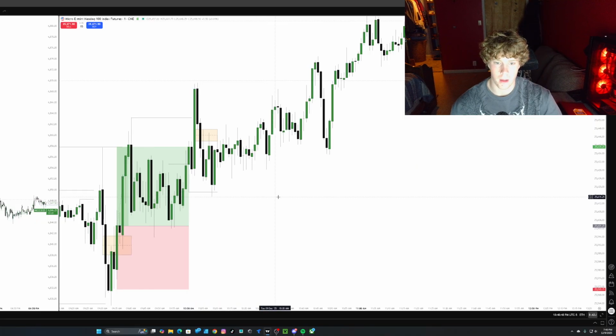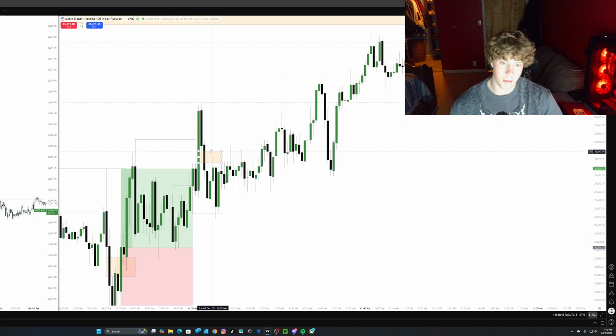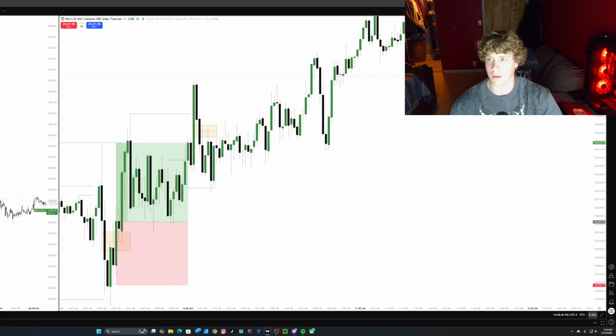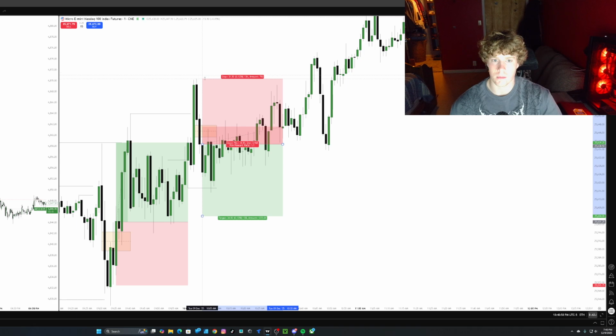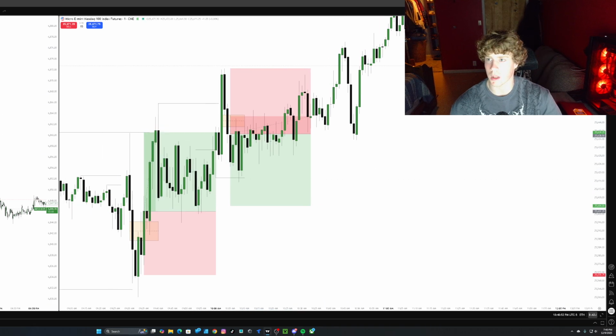But yeah, and what would have been my target for this short? It would have simply been 50% of this range. So if we say we get in a short here, what could we target? Well, let's mark out 50% equilibrium of this range here, from there up to there. Let's make that black.